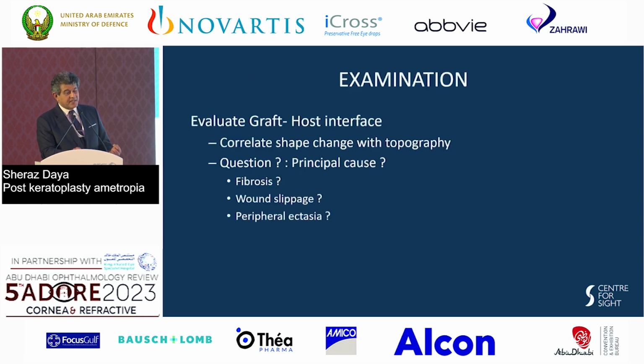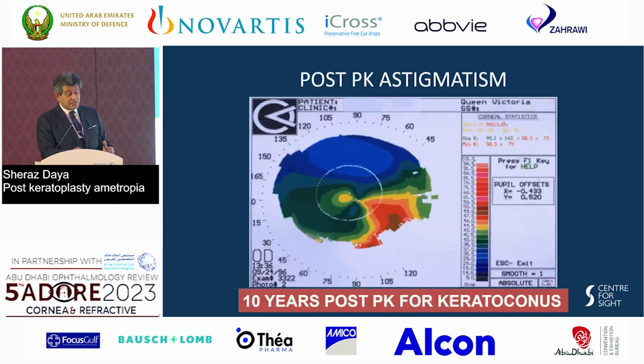So the important thing is the examination to evaluate the graft-host interface, correlate shape change with topography, and then ask the question, what's the cause? Is it because it's fibrosis, or is it because it's wound slippage? Or could it be peripheral ectasia? It could be a combination, and you have to figure out which is the riskiest situation.